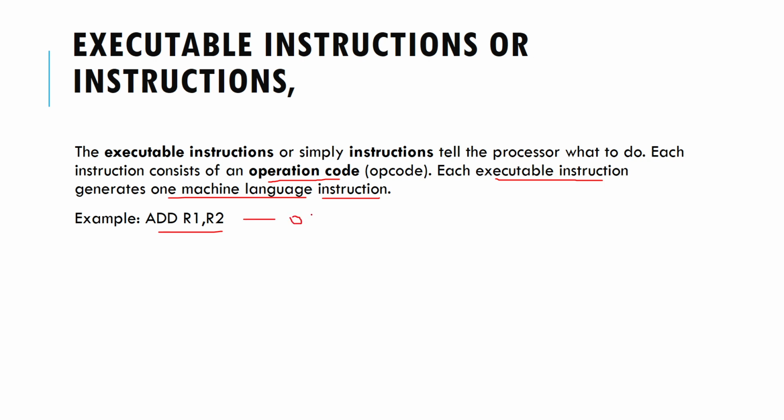Here, the opcode is add, or we can call this the mnemonic. Then here are two variables, r1 and r2. Here we are adding the content of r2 into the content of r1.